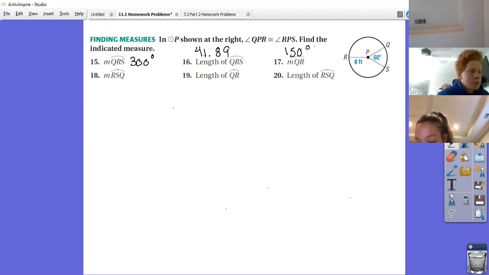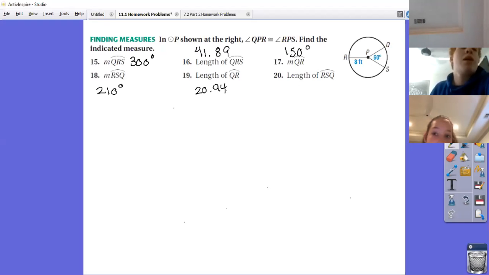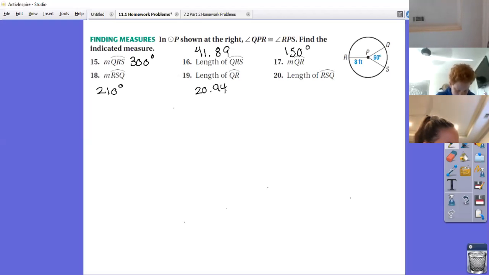The measure of RSQ, number 18, is 210. The length of arc QR, I got 20.94. And the length of arc RSQ, the last one, I got 29.32, is that right? Okay, any questions that I can work out on any of this?